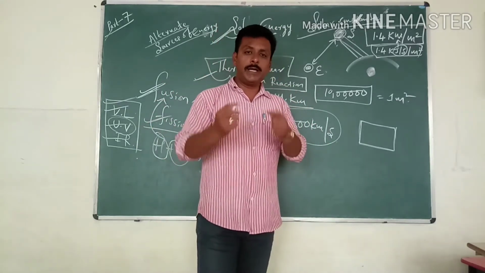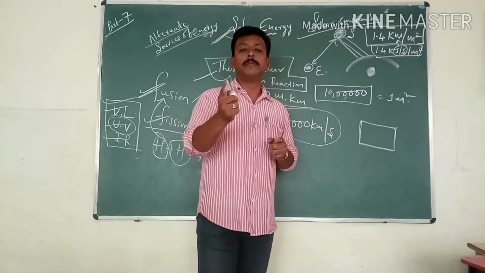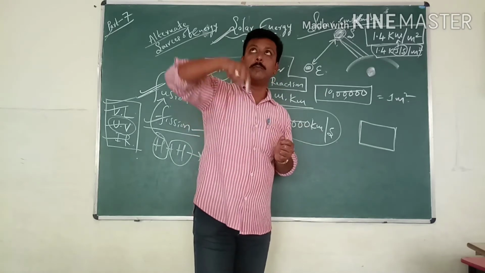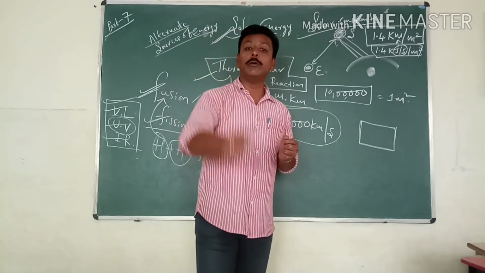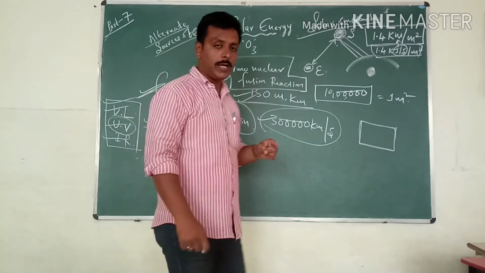The energy received by the earth atmosphere from the sun per unit time, per unit area is called as a solar constant. I think you understood.